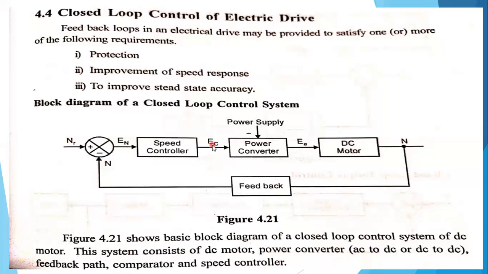This control signal is fed to the power converter, and the power converter output can be changed according to the control signal EC.